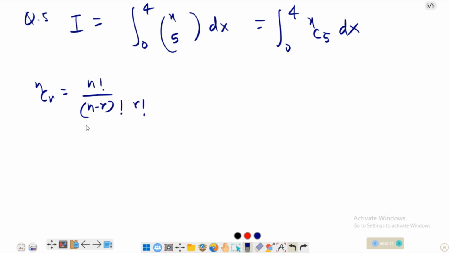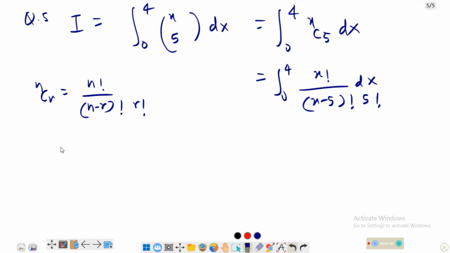So xC5 is equal to x factorial upon x minus 5 factorial into 5 factorial dx. Since the factorial of a negative quantity is infinite, 1 upon the factorial of a negative quantity is equal to 0.